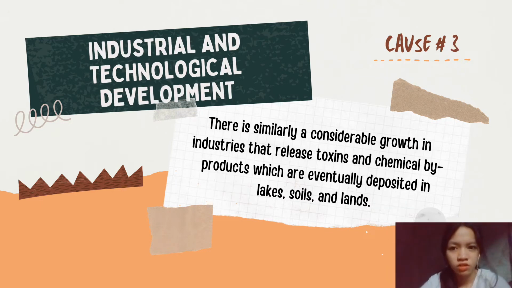Industrial and technological advancements. As time passes, the globe becomes increasingly industrialized. However, as technology advances, industries that produce poisons and chemical byproducts that end up in lakes, soils, and lands are rapidly expanding.